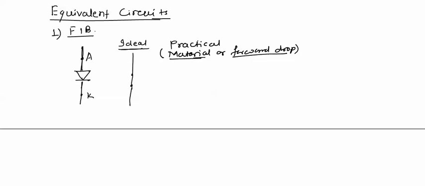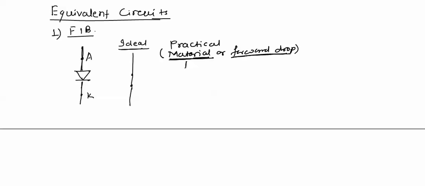And for the practical diode, it cannot conduct until the applied electric field overcomes the induced electric field across the junction. So in other words, I can say that diode cannot conduct until the applied forward voltage overcomes the cut-in voltage of diode.